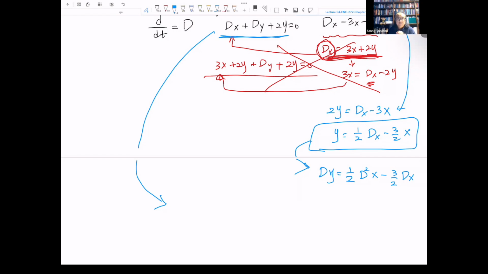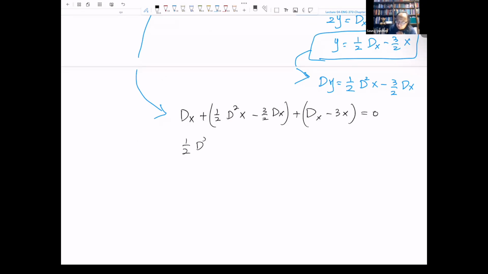Now let's plug it in. Dx plus Dy plus 2y: 1 over 2 D squared x plus 1 minus 3 over 2 plus 1 Dx minus 3x equals 0. And 1 over 2 D squared x plus 2, 4 over 2 minus 3 over 2, that is 1 over 2 Dx minus 3x equals 0.